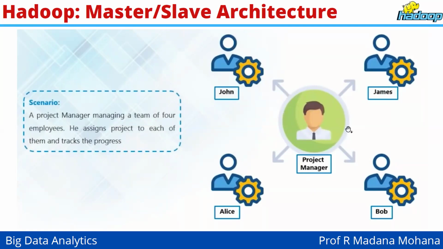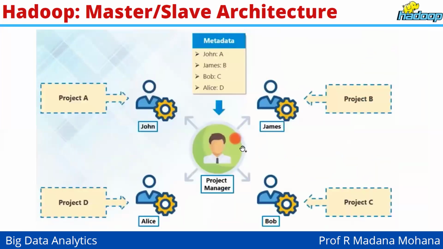Then the project manager wants to track the progress of all the 4 team members on the project work. Let us see this scenario. First, we have metadata about all the 4 team members.